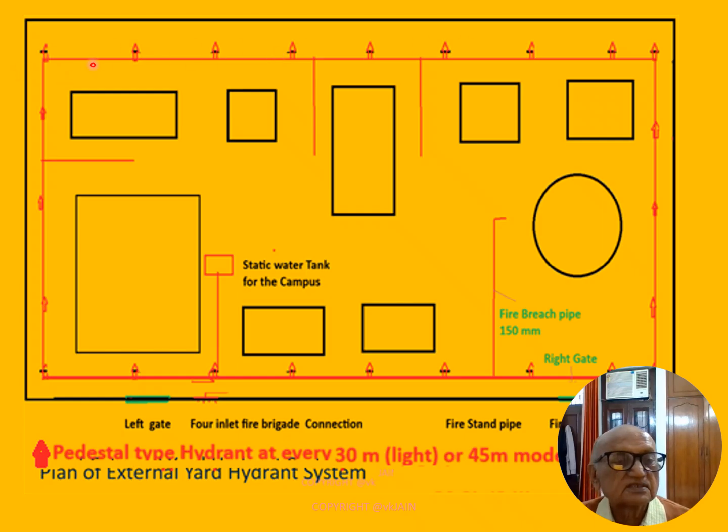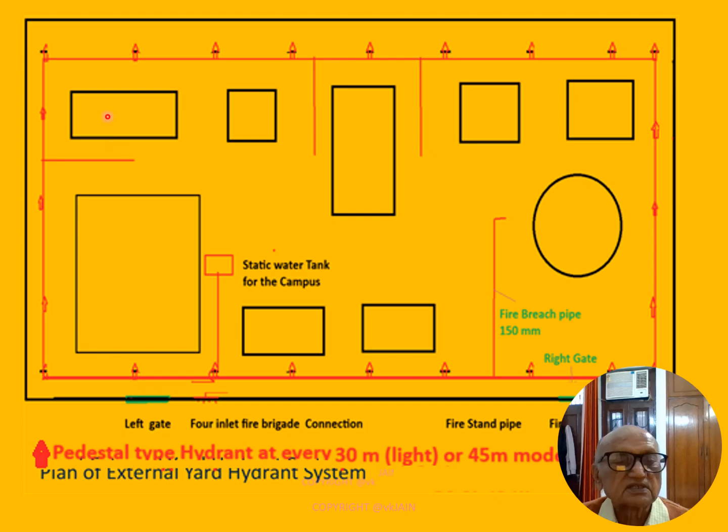In this, we provide a 200 diameter ringman system in the campus, near the boundary, but 2 meters away. This distance should be 2 meters.